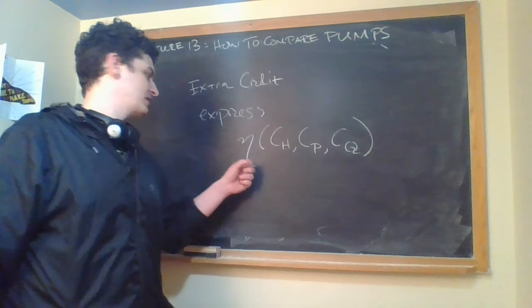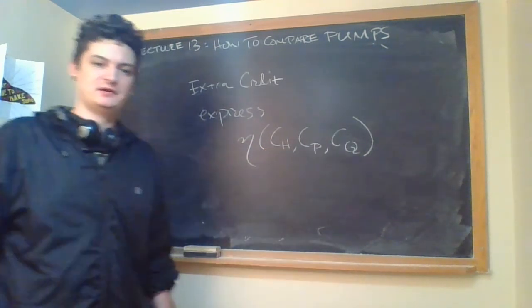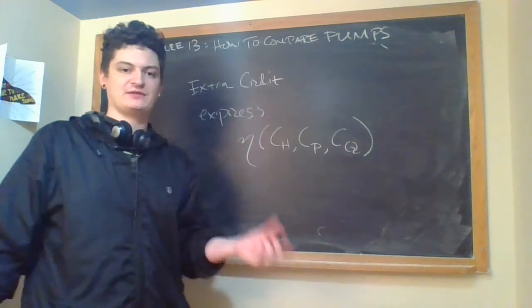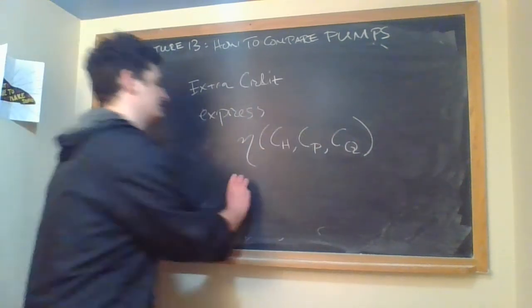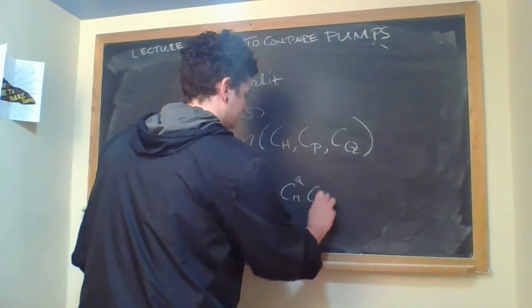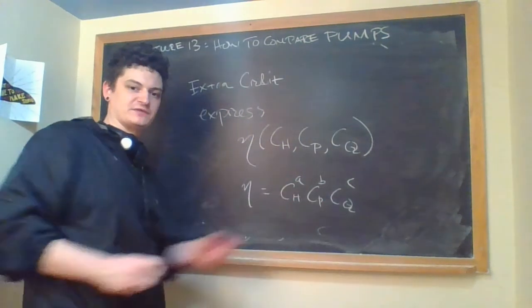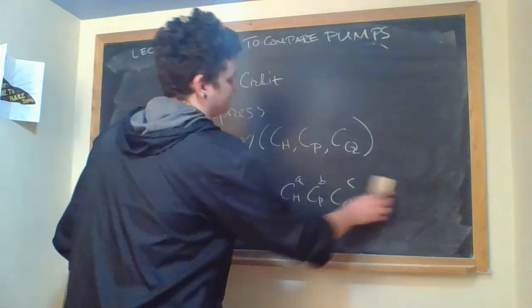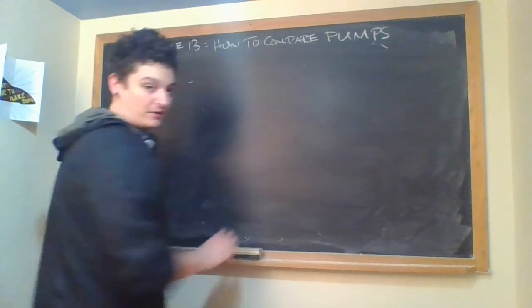Okay, so you can actually express efficiency in terms of CH, CP, and CQ, meaning you have no references to D, omega, anything. It's just these non-dimensional things, right? So the hint is it actually looks like a power law combination of all these things. But it's an interesting exercise just to get it through non-dimensionalizing and combining all those variables.